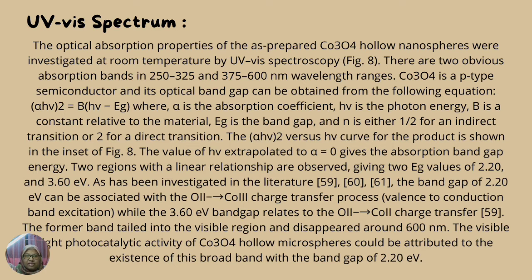As has been investigated in the lecture, the band gap of 2.2 eV can be associated with the oxygen to Co3+ charge transfer process, valence to conduction band excitation, while the 3.6 eV band gap relates to the oxygen to cobalt 2+ charge transfer.